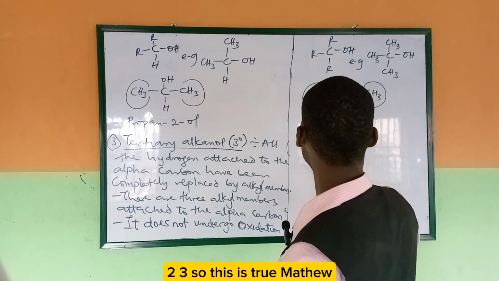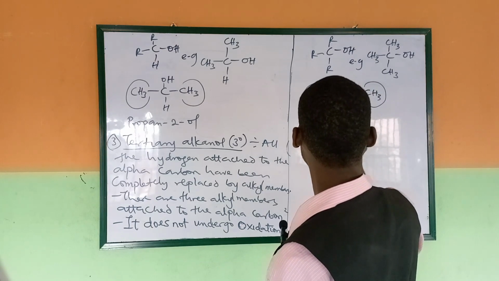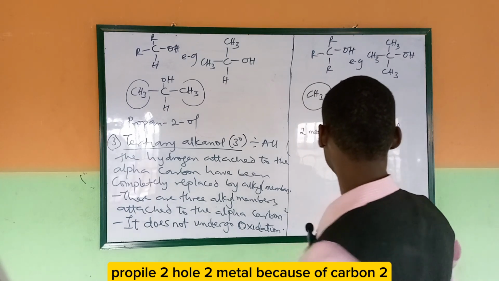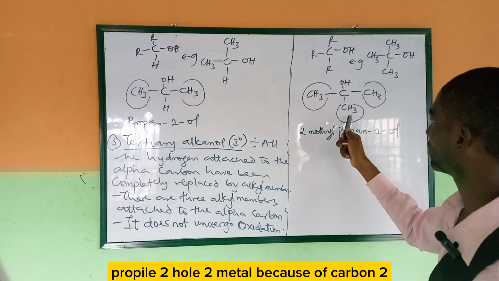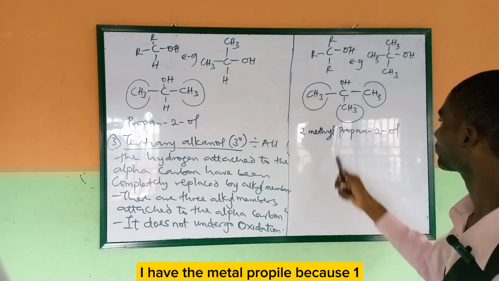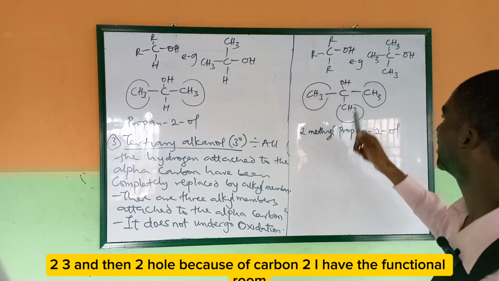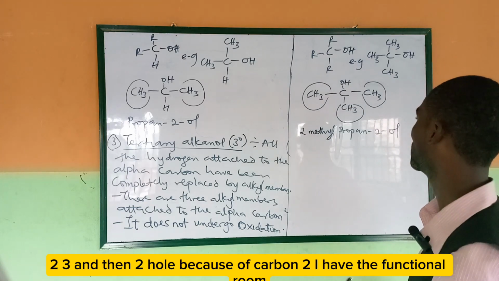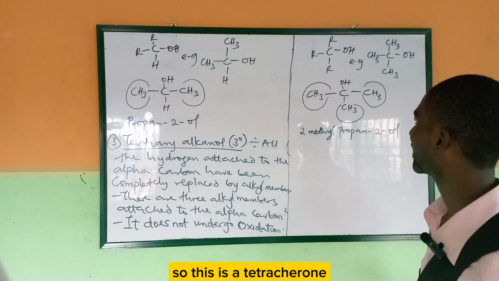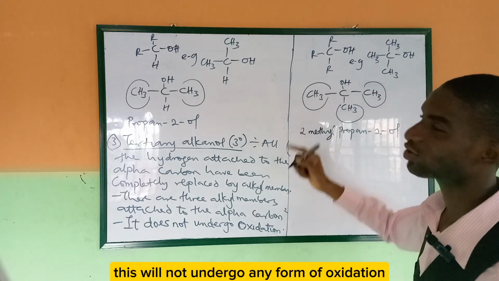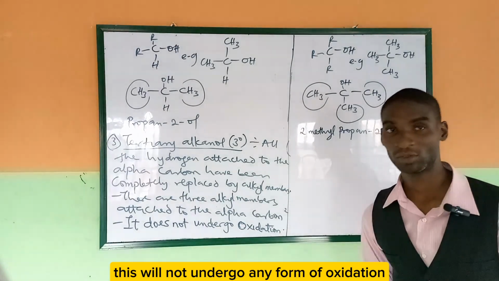So this is 2-methylpropan-2-ol. 2-methyl because on carbon 2 I have the methyl. Propan because 1, 2, 3, and then 2-ol because on carbon 2 I have the functional group. So this is a tertiary alkanol. And because no hydrogen is available, this will not undergo any form of oxidation.